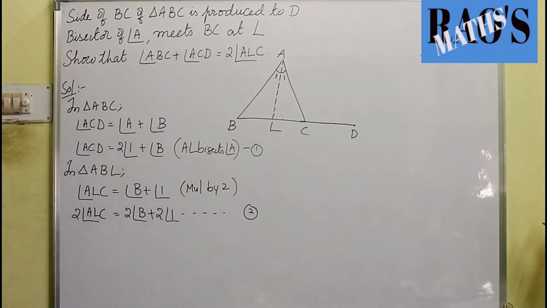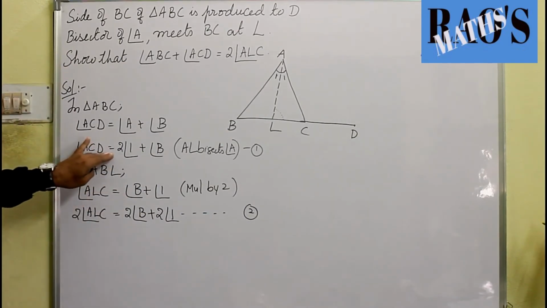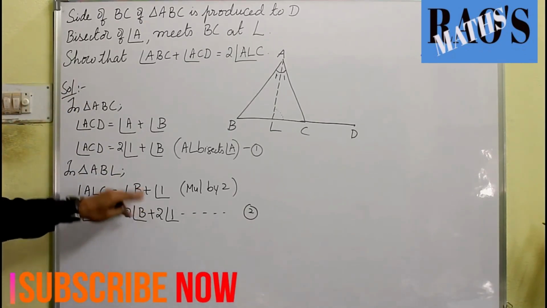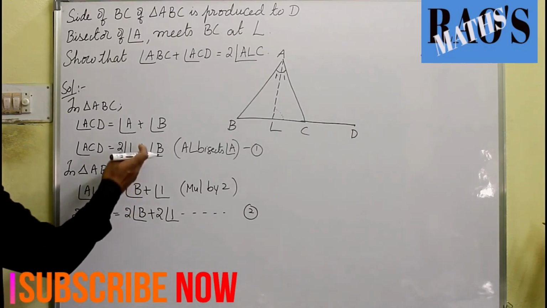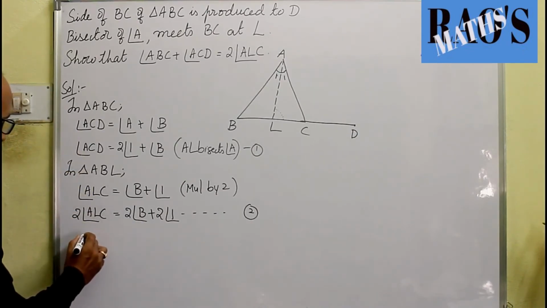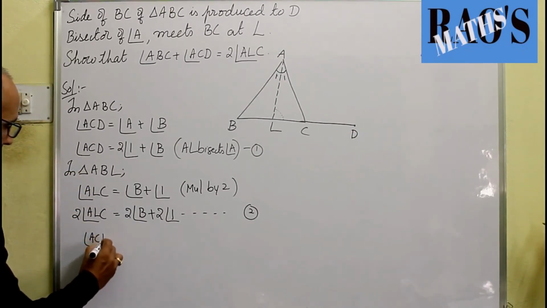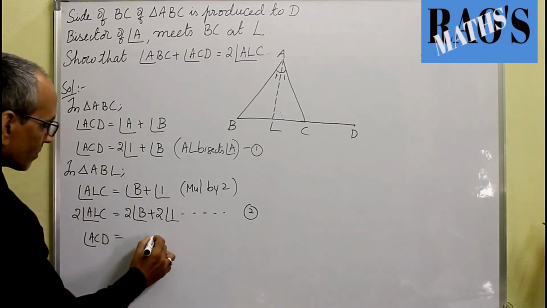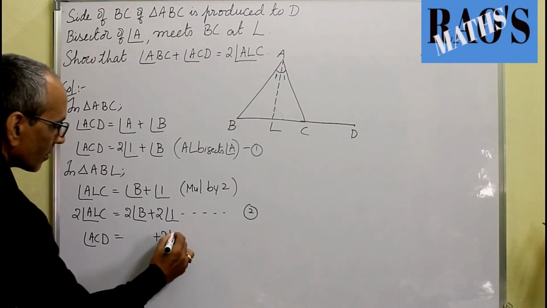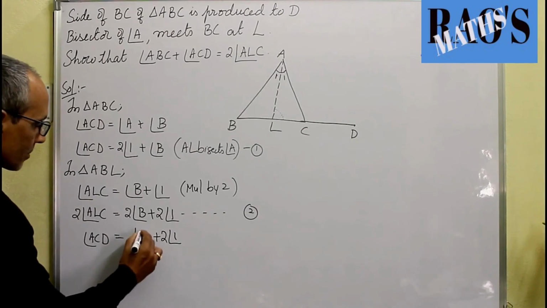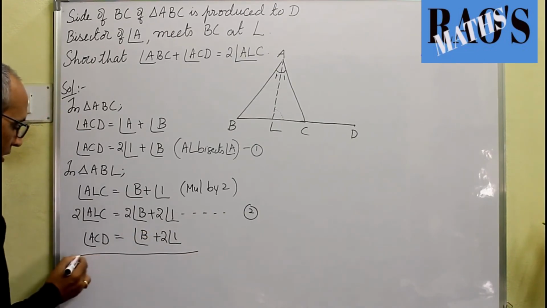Now I subtract the first from the second. From the second, I copy the first. Let me write. So, ACD is equal to 2 times of angle 1, I write under this, plus angle B. The operation is subtraction.